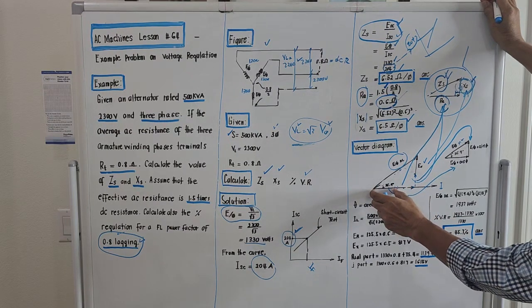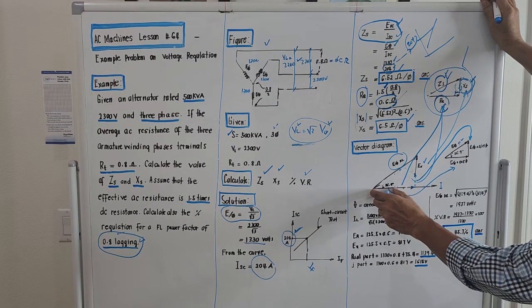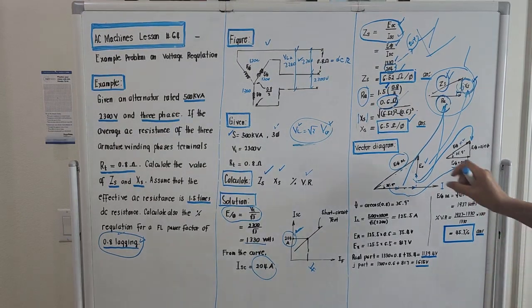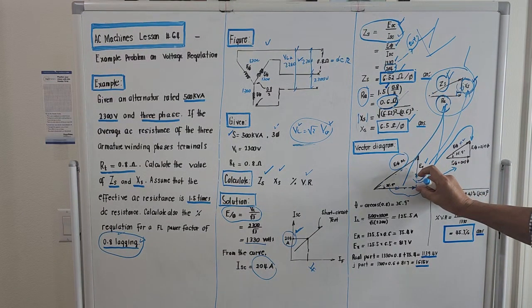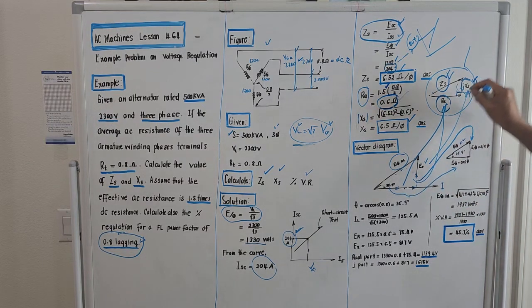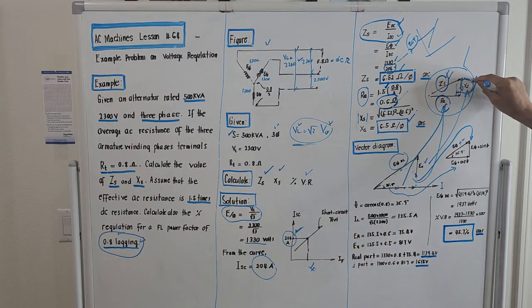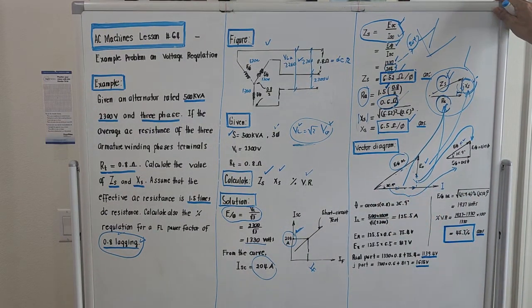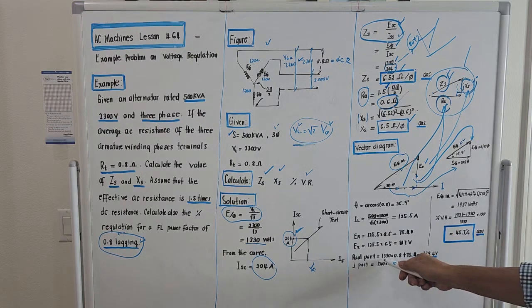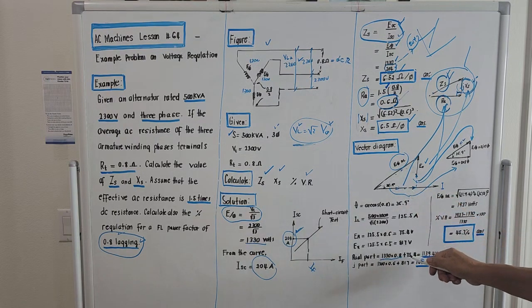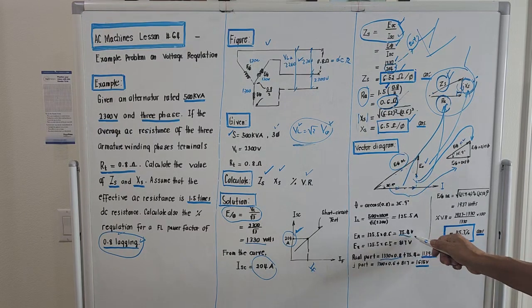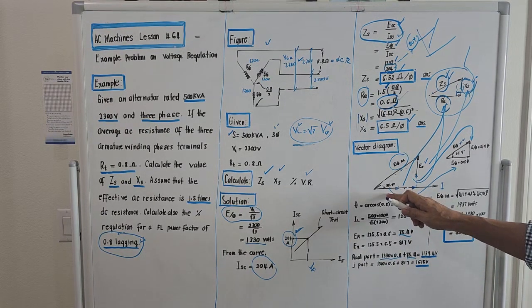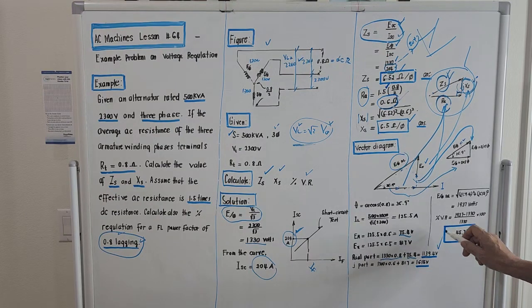This is the horizontal component of the voltage per phase at load. This is the vertical component of the per phase voltage. And this is the drop due to the reactance of the armature, right? So for the real part, there are two voltages. The real part will be 1330 times 0.8, the horizontal component, plus the value ER. ER is actually 75.4. Real part, what will come out will be 1139.4 volts.